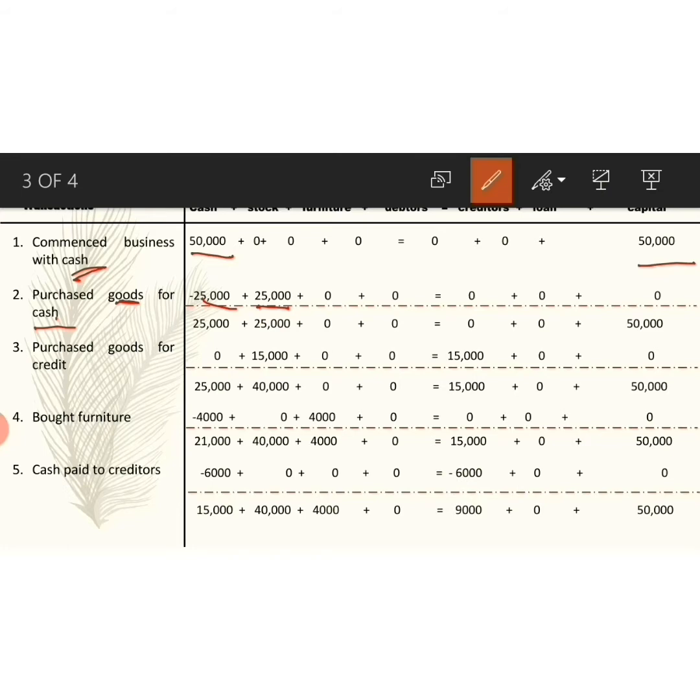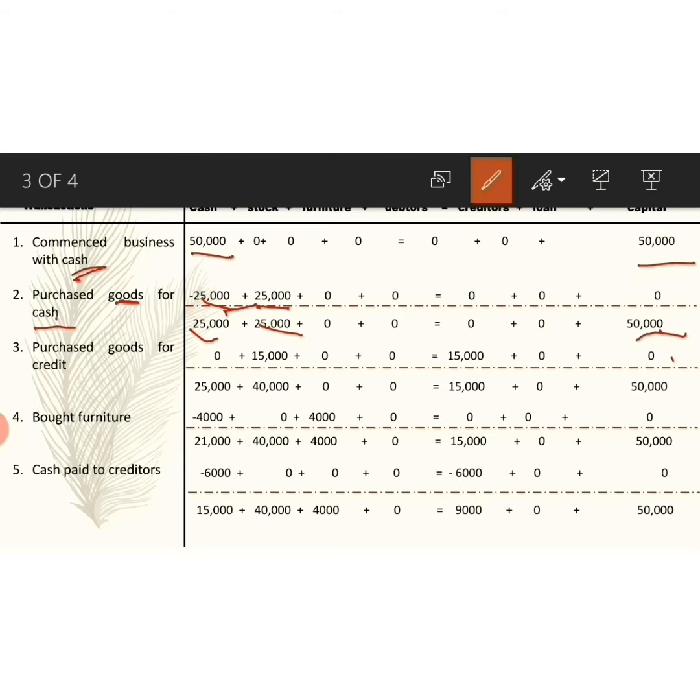So under the cash side minus 25,000 and the stock side plus 25,000. Now upon adding these transactions, 50,000 minus 25,000 is 25,000, and 0 plus 25,000 is 25,000. The rest of the transactions are 0, 0, 0 everywhere, and then on the capital side again 50,000 plus 0 is 50,000.